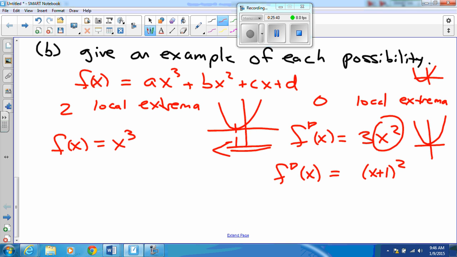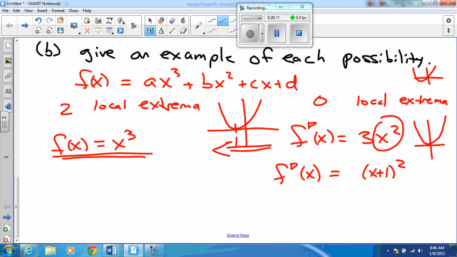Somebody give me another answer. Come on. It could be x cubed plus 1. It could be x cubed plus 1, couldn't it? Yep. Or it could be x cubed plus any number. That's exactly right. So this would be an example of a function that has 0 local extrema. How do I know? Because I constructed it so that its derivative hits the axis and is tangent to it.